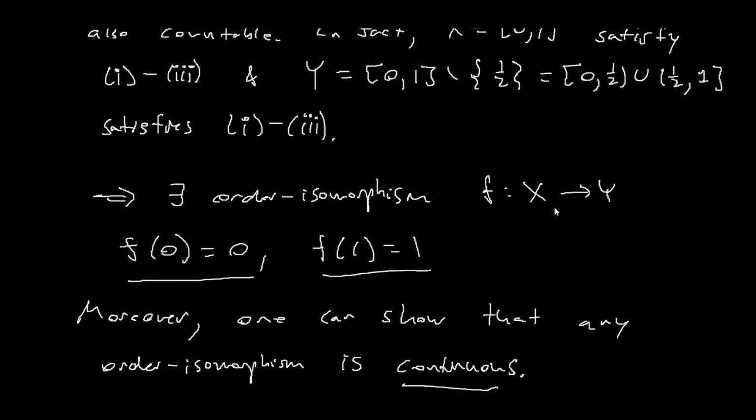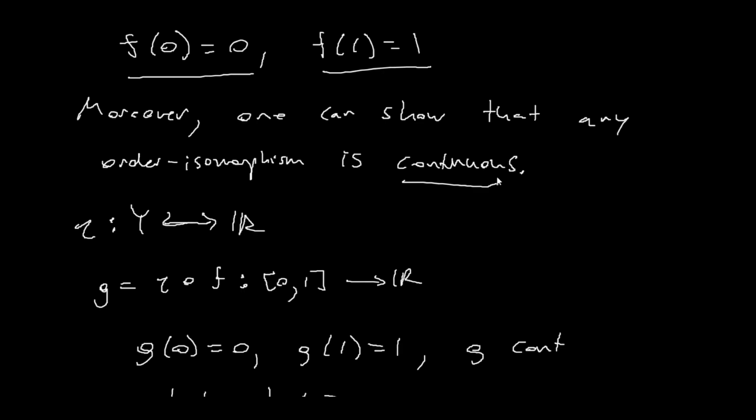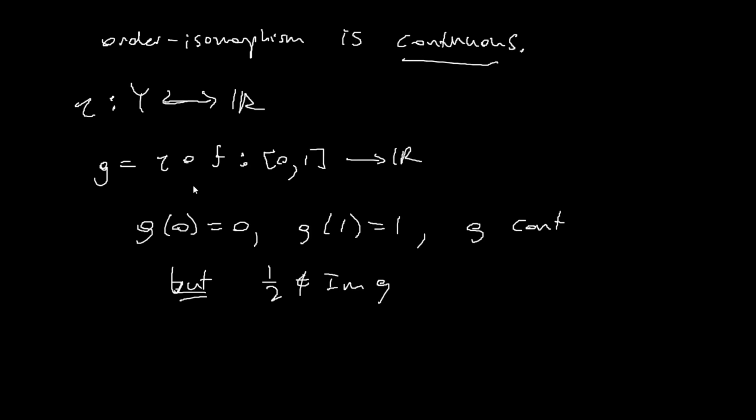So there's an order isomorphism from x to y, where y has the number 1/2 missing, and therefore g, which is just the composition of the inclusion map with f, is going to be a continuous map from g of 0 equals 0 to g of 1 equals 1, but the number 1/2 is missing from the image of g, and therefore the intermediate value theorem fails.